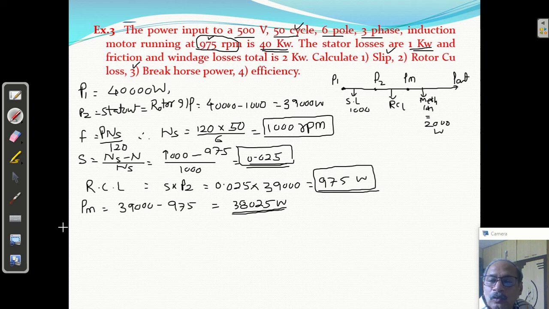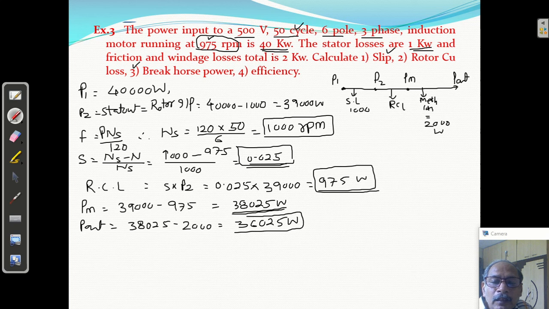Now P out. P out equals PM minus the mechanical loss. PM is 38,025 minus mechanical loss 2,000, so you will get 36,025 watt.